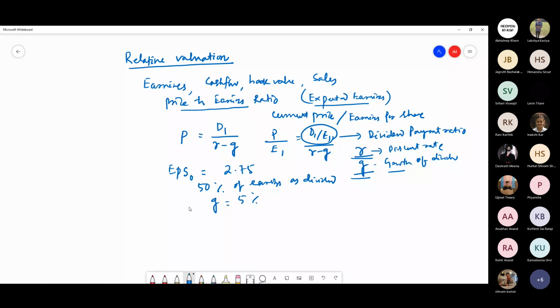Your current dividend payout ratio is 50%, your expected growth rate of the dividend is 5%, and your last year EPS was 2.75 rupees.